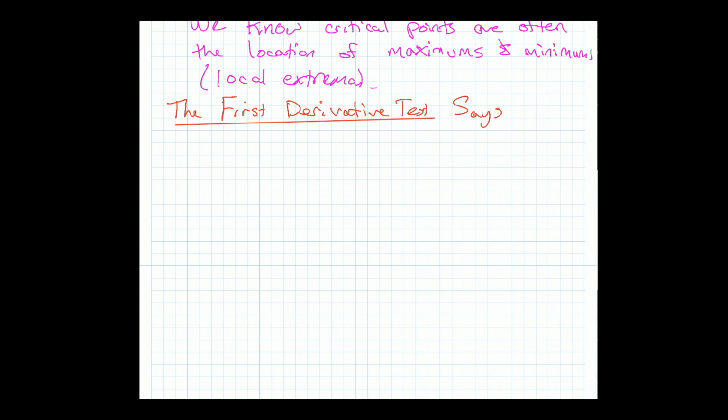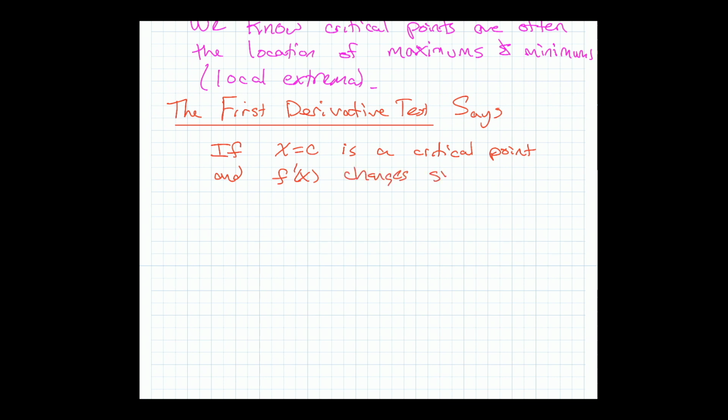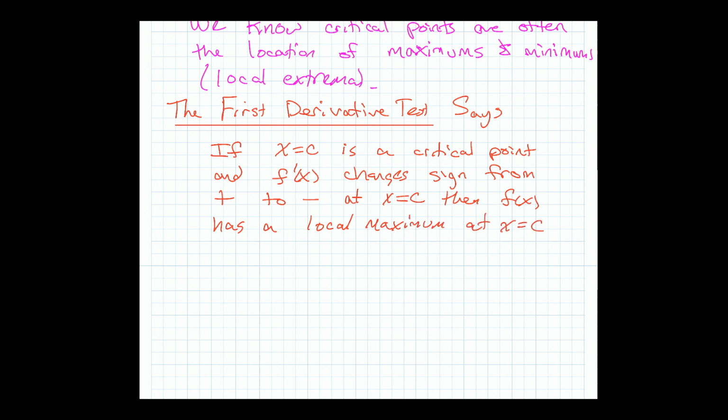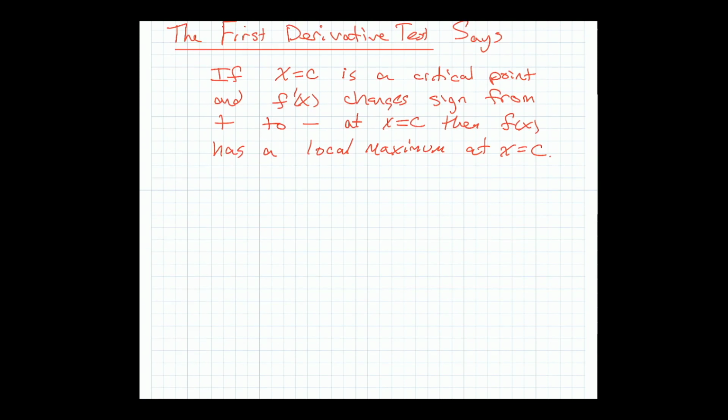If x equals c is a critical point, and f prime of x changes sign from plus to minus at x equals c, then f of x has a local maximum at x equals c. Now, we need to draw a picture of this.